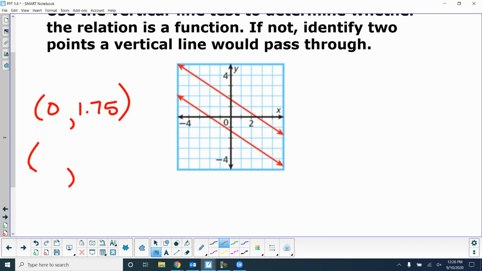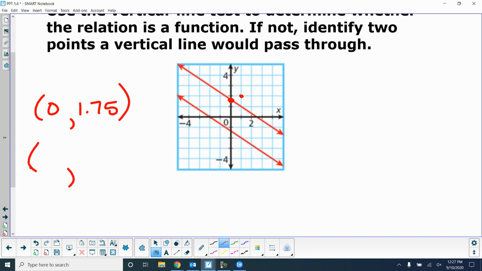Then what's the other one? 2, 3. Vertical line. You're looking at this one, right? So there's the one you told me. Not quite 2, right? So what's the other one? 1, 2. 1, 2 would be here.